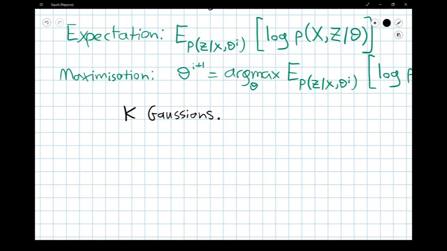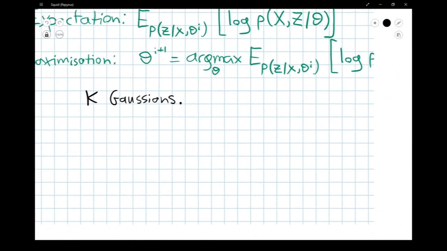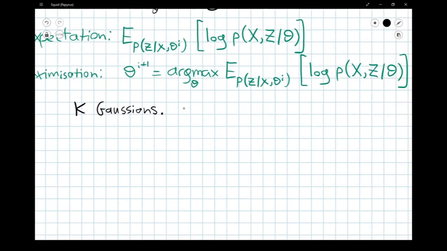So that means that the parameters we need to find, theta, now includes the mean vectors of all K Gaussians, the covariance matrices of all K Gaussians, and also what we called the mixture proportions of all K Gaussians.